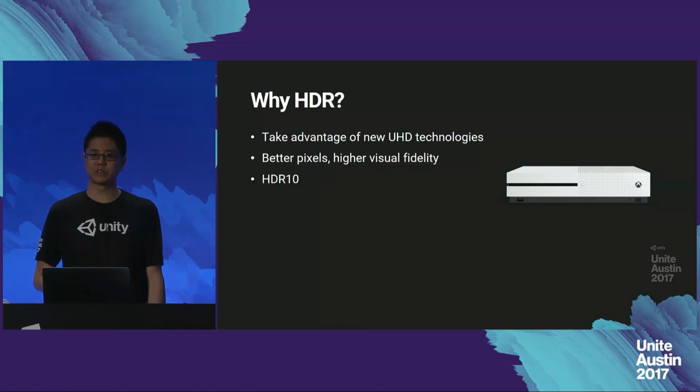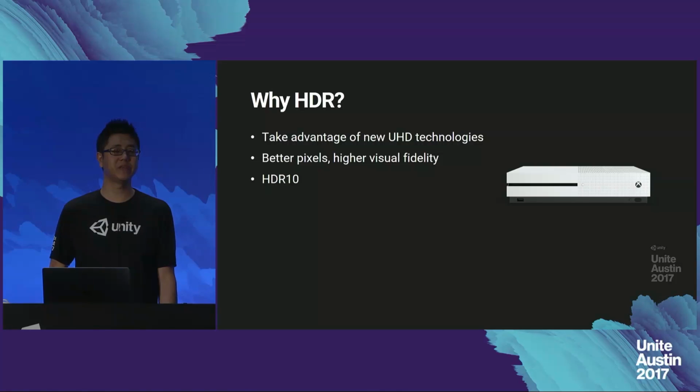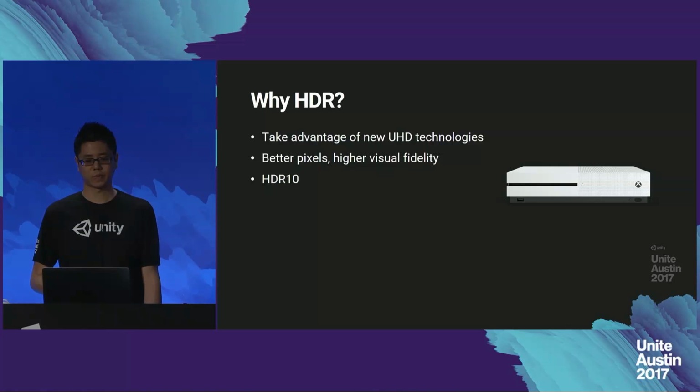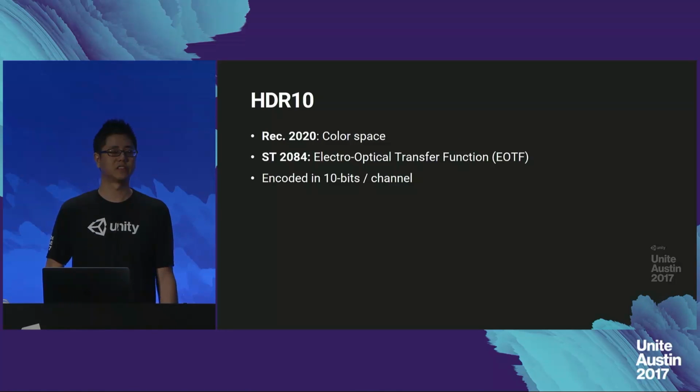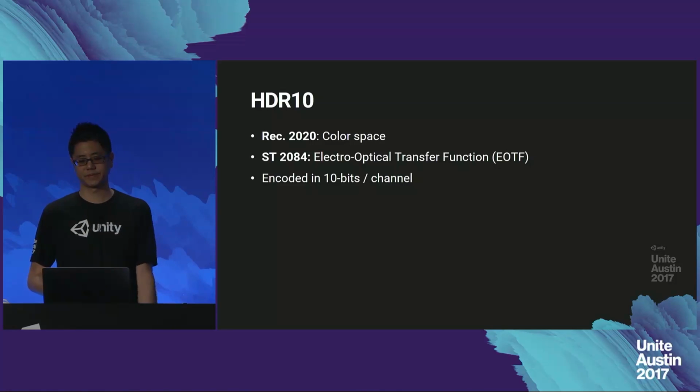And among gamers, its popularity has been driven by consoles like the PlayStation 4 and Xbox One S released last year. On Xbox One S and the Xbox One X, HDR10 is the supported media standard to output HDR content to the target display device. To summarize the HDR10 media profile, the standard uses the Rec 2020 color space, which we'll go into in a bit.